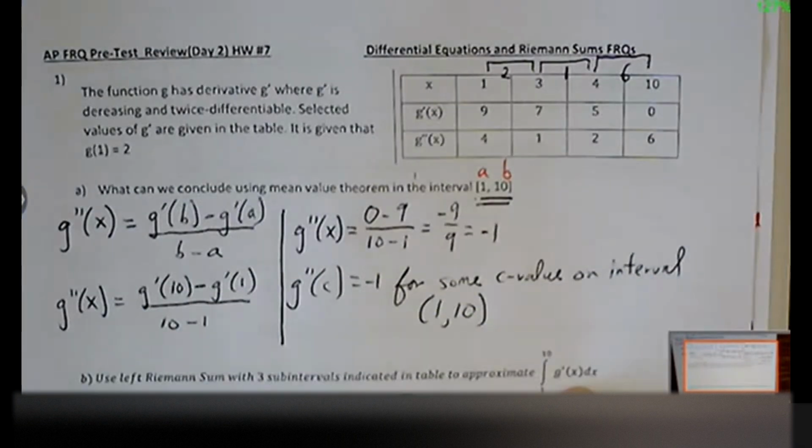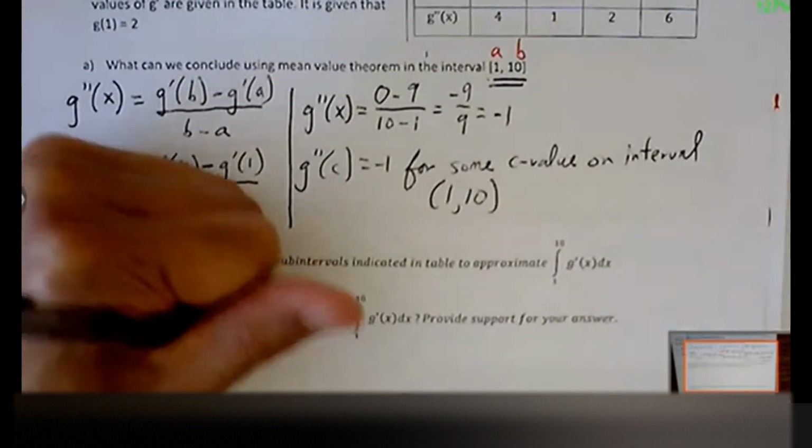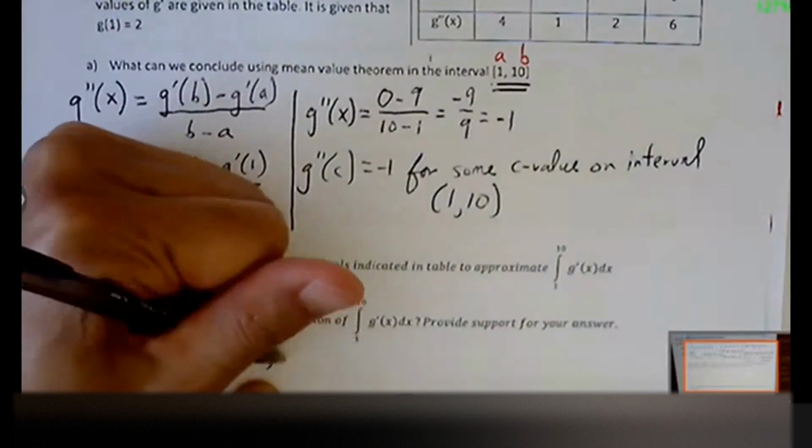So we find all the widths, 2, 1, and 6. Width times height for each of the rectangles.